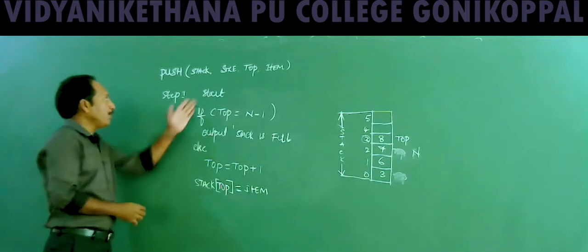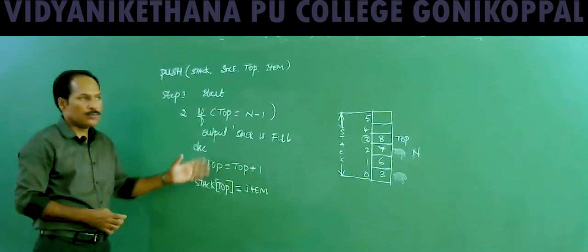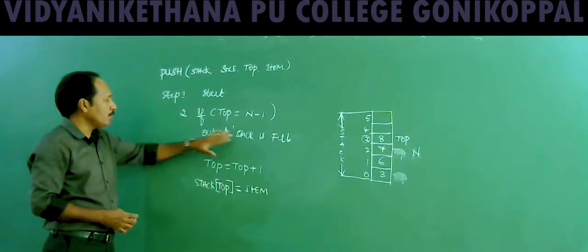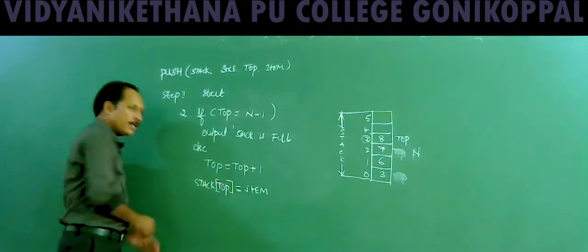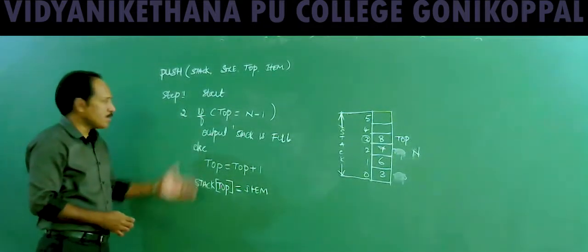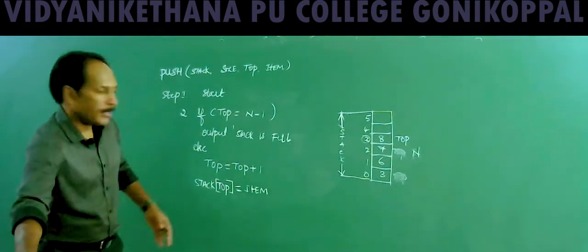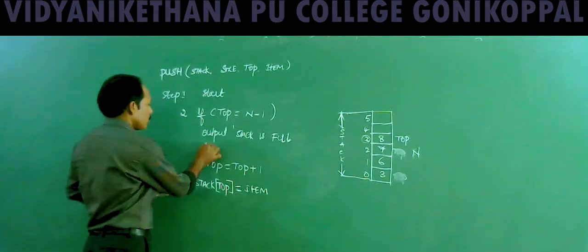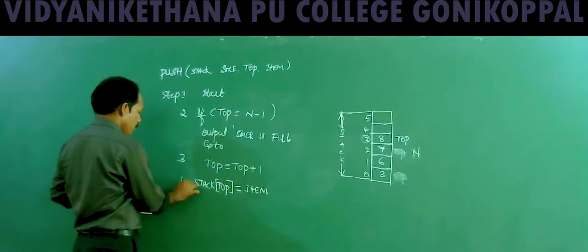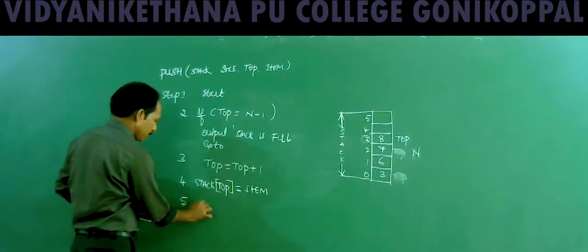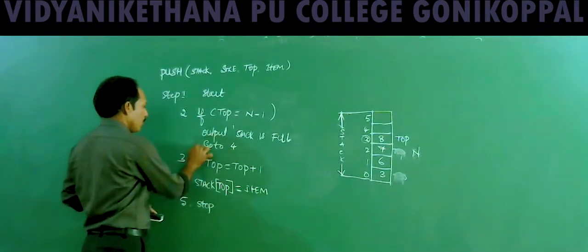So what we have to do in a push operation is, first look whether the stack is full or not. If it is full, we can't do anything. You can use a go to statement at the end, or you can use an if else also. Since it is programming, generally you can use a go to statement, go to step number 5.